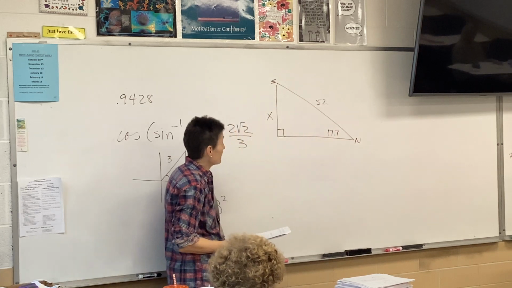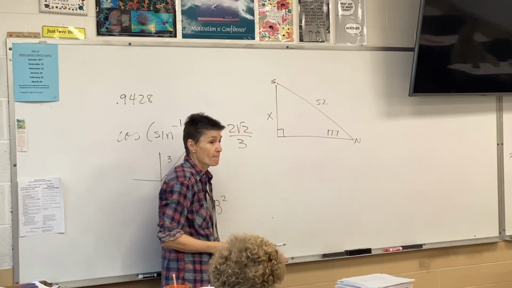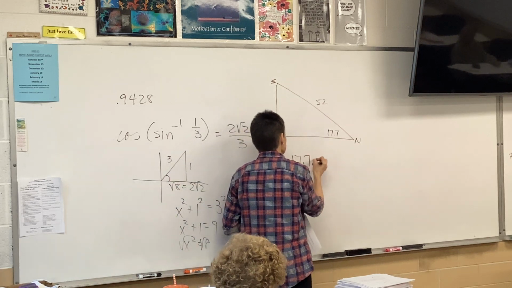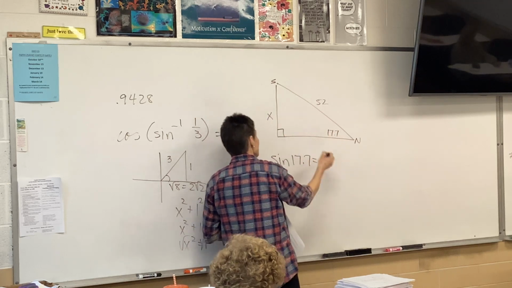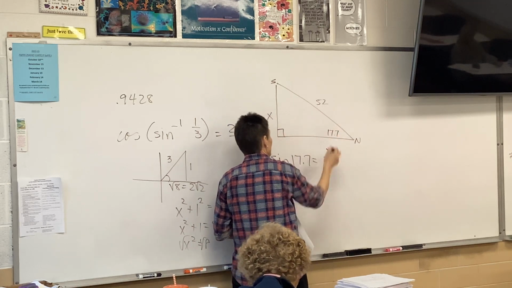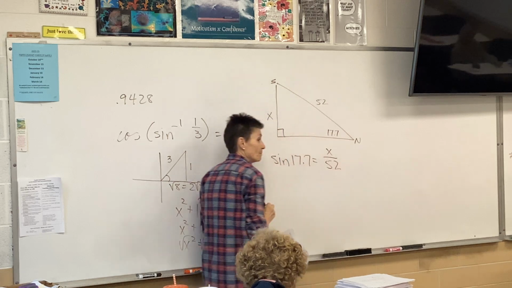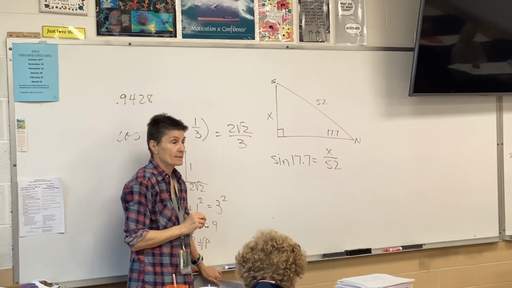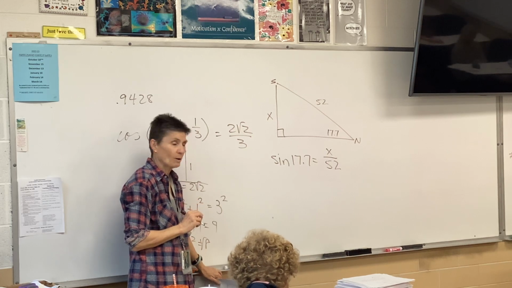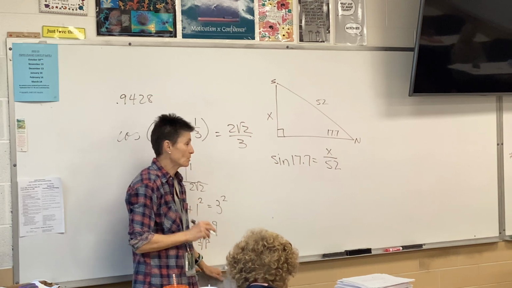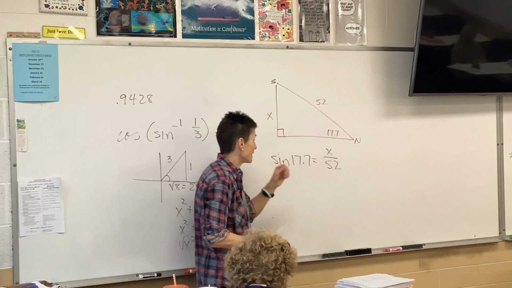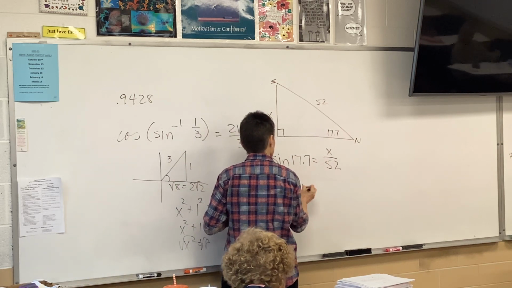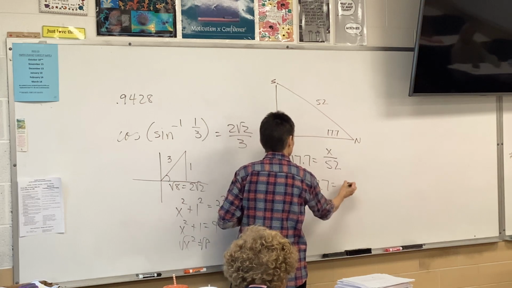All right, what's my equation? Sine, because sine is opposite over hypotenuse. Is this gonna be a second sine problem? No, that's only sine x. This is not sine x. So I'll multiply by 52 to get rid of my fraction.